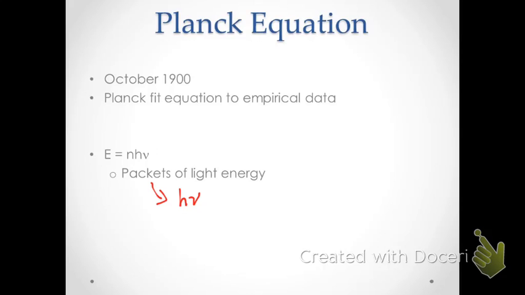Now let me point out at this point that Planck did not mean to imply that light itself always behaves this way. What Planck was suggesting is that when light interacts with matter, it transfers energy in these packets. And so this was more a function of the blackbody effect, but not an intrinsic property of light by itself.